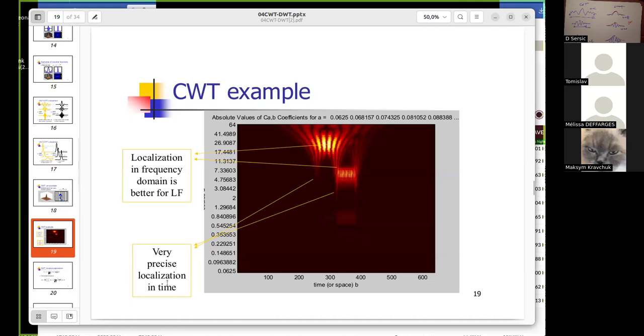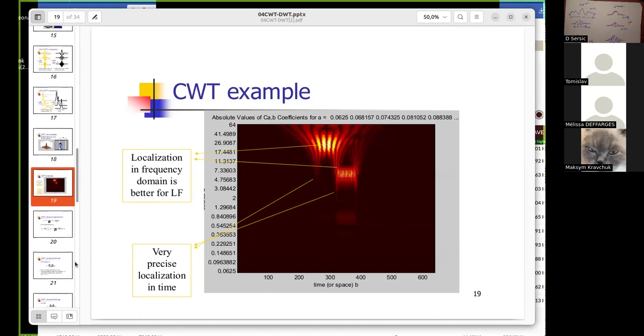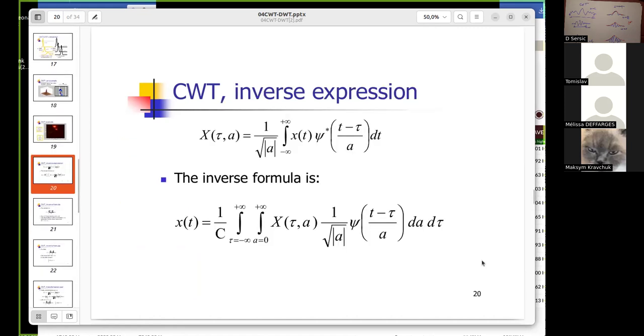So we have very precise localization in time due to the high frequency component of the observed phenomenon. At the same time, we have good frequency localization, especially for low frequencies, so we can have them both, in a way going around the Heisenberg principle due to non-uniform resolution in the time-frequency plane.